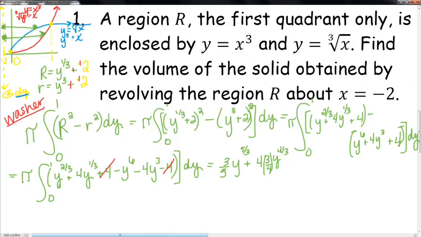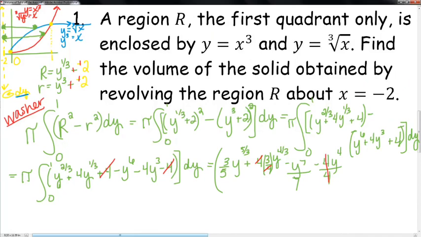That's nice because these two will cancel. Minus y to the 7th divided by 7. Minus 4y to the 4th divided by 4. Again, that's nice because that will cancel.